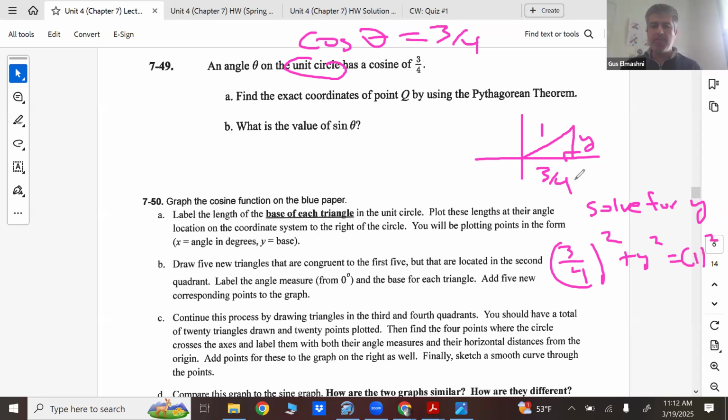So tell me what you get for y. And then we can do sine theta after that. Actually, let's get an exact answer, not an approximation. Okay, so tell me what you guys get for y.